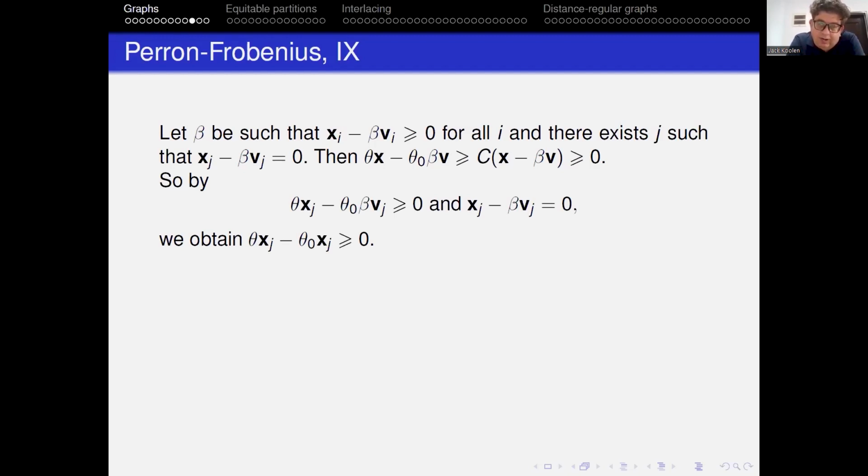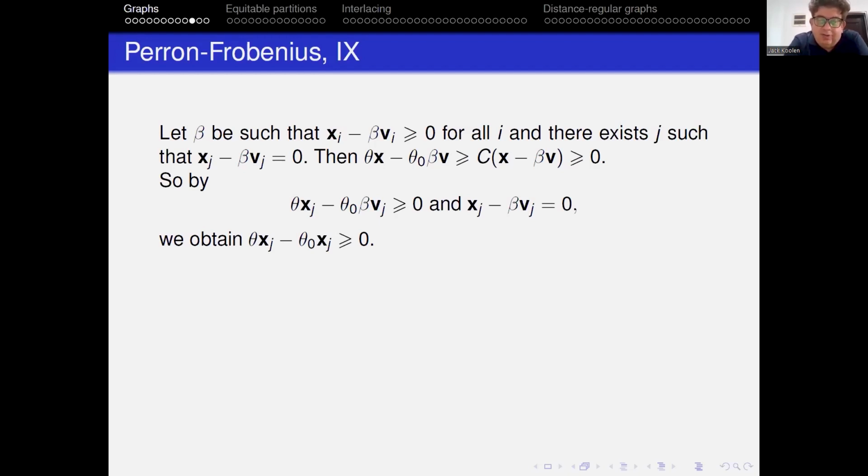So now we use that theta xj minus theta 0 beta phi j is greater than or equal to 0, and that xj minus beta phi j is 0. If we use that, then we replace beta phi j by xj. Then we get the following equation.